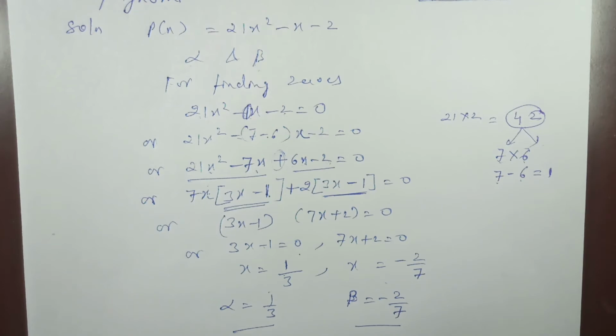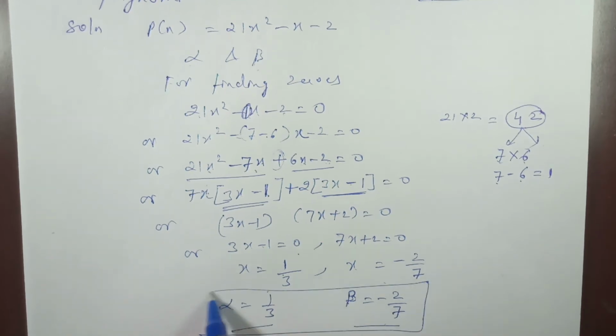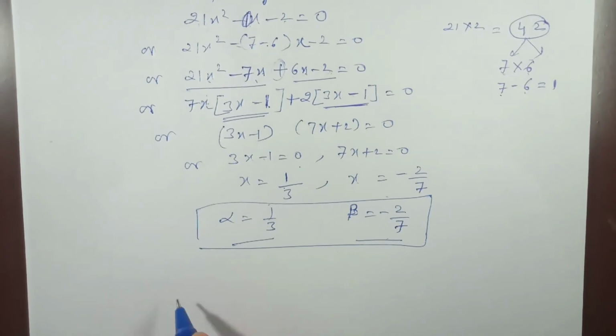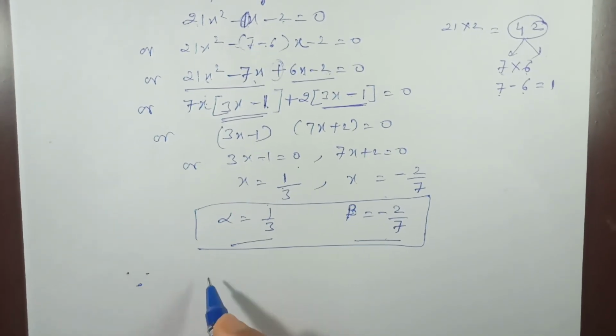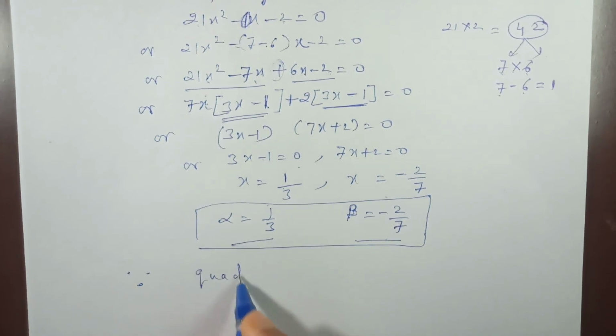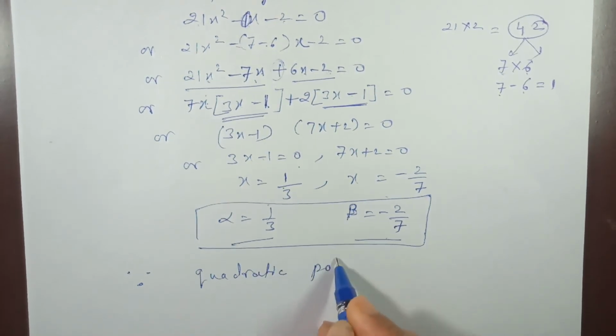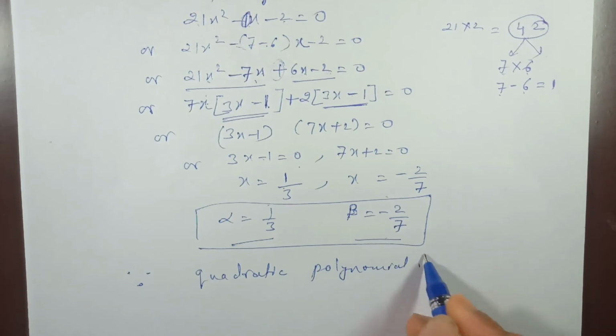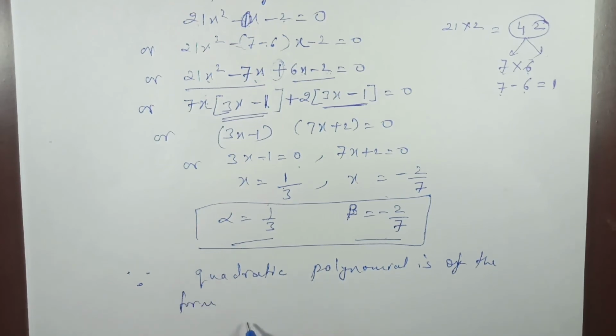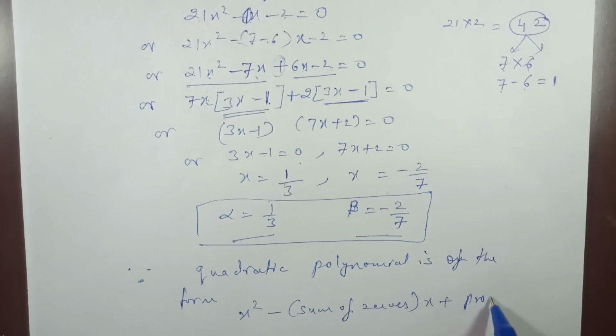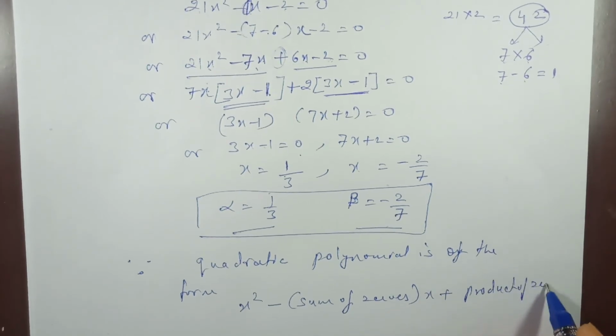Now we have to find another quadratic polynomial whose zeros are 2 alpha and 2 beta. Since a quadratic polynomial is of the form we have studied, it is of the form x square minus sum of zeros into x plus product of zeros.